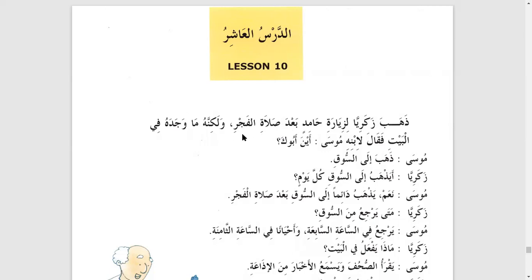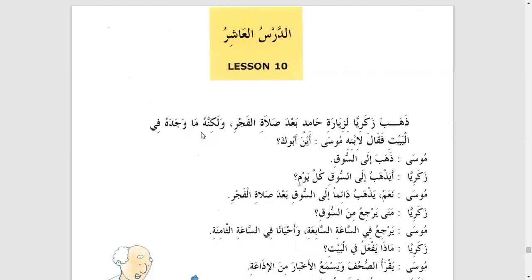Ba'da salat al-fajri. Walakinnahu. What about walakinnahu? Lakinna is from the sisters of Inna, akhwatu Inna. So where is ismu Inna? The attached pronoun, who. Excellent. So the attached pronoun is ismu Inna.